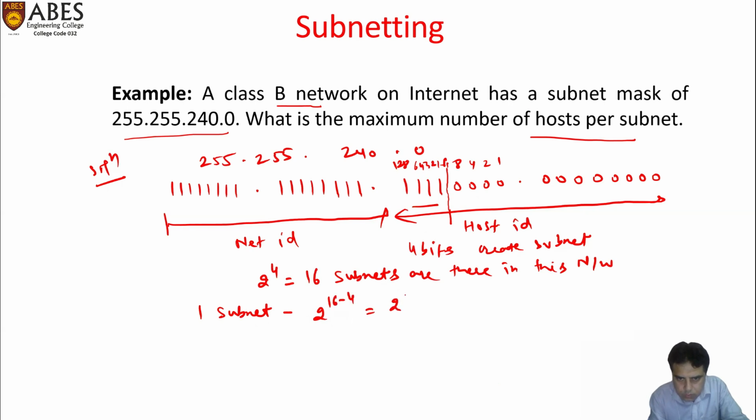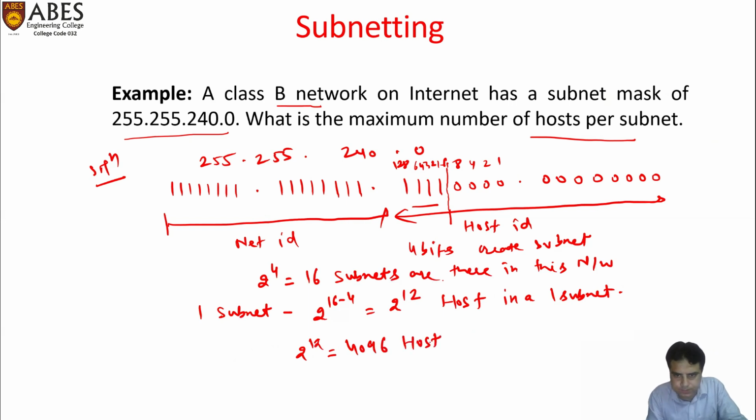This is 2 raised to the power 12 hosts in one subnet. 2 raised to the power 12 means 4096 hosts are connected.